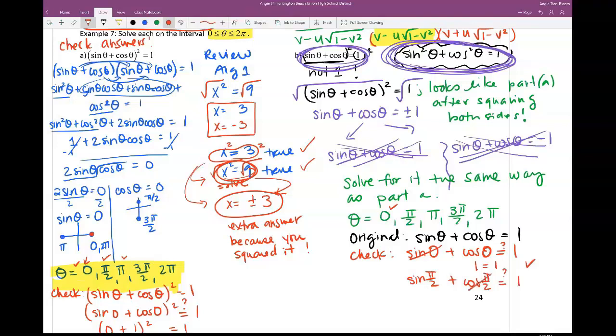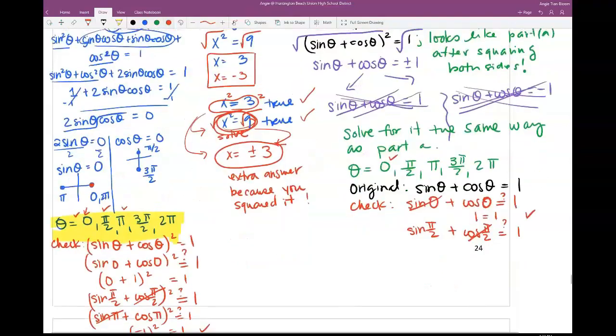Well, cosine of pi over 2 is 0, and sine of pi over 2 is 1, so that's okay. How about pi? Sine of pi plus cosine of pi, is it 1? Sine of pi is 0, but cosine of pi is -1. -1 does not equal 1, so I can't keep that.